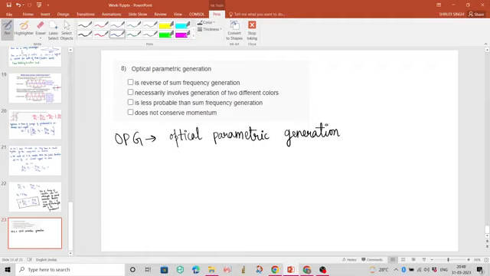Now, what we used to do in the sum frequency generation, we were using two photons, one signal, one idler, and it used to give the pump photon, right?